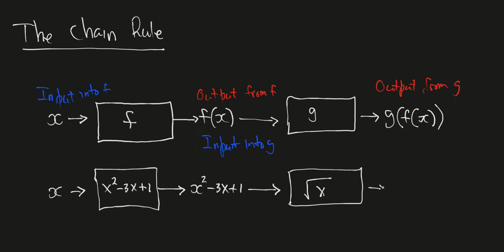So then it would produce the square root of this expression, x squared minus 3x plus 1. And this is what we need to get used to now. And I think we are. We're going to see this type of expression a lot. So we refer to this as the composite of this function with this function, right?